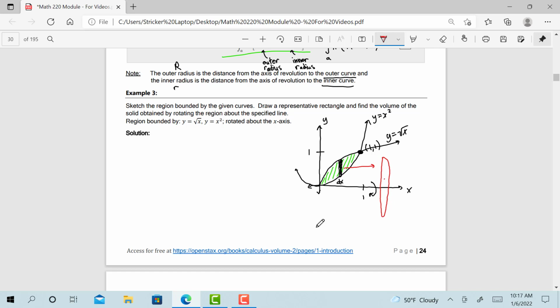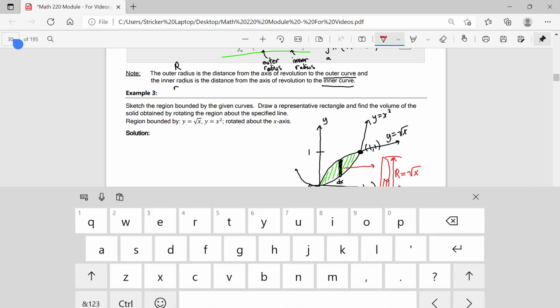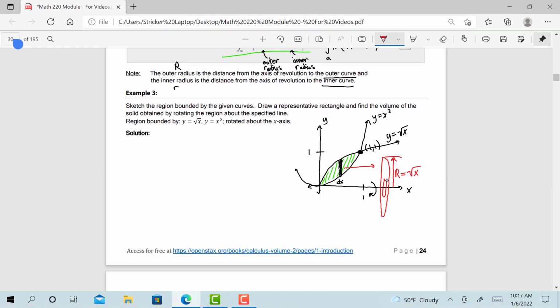And then our smaller radius is going to be from about right there. And so the bigger radius, that's R, is determined by the top curve, which is the square root of x. And the little radius, that's little r, is determined by the bottom curve, which is y equals x squared.